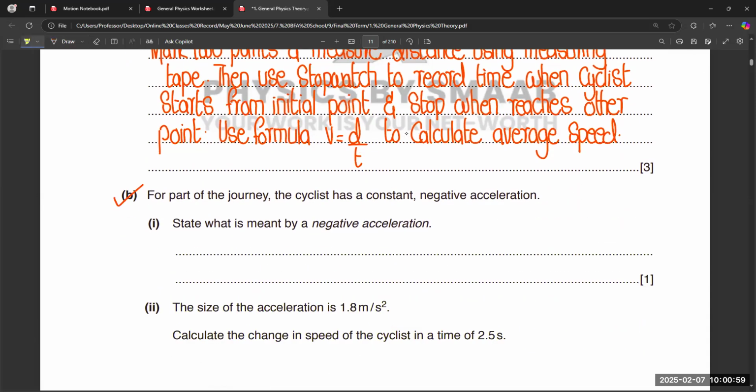And in B part, for part of the journey, the cyclist has a constant negative acceleration. So what is meant by negative acceleration? So how to define negative acceleration?